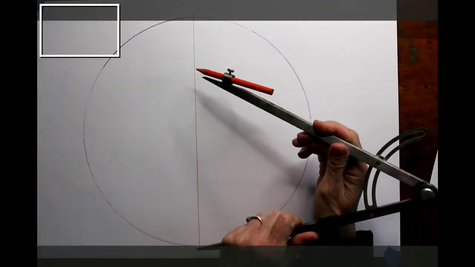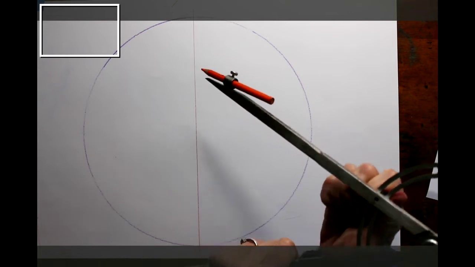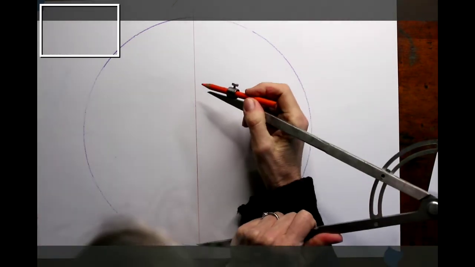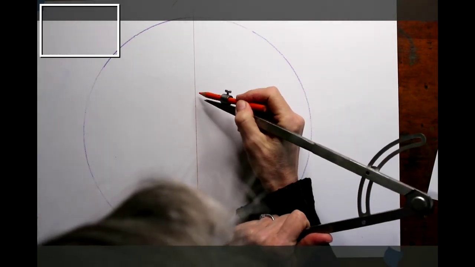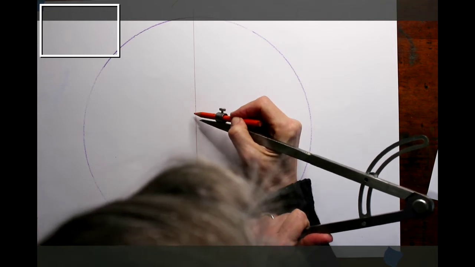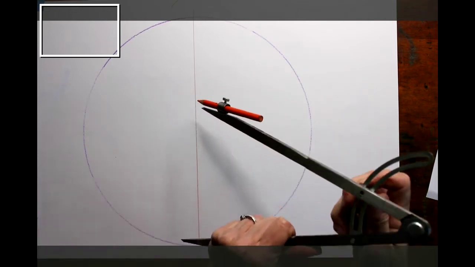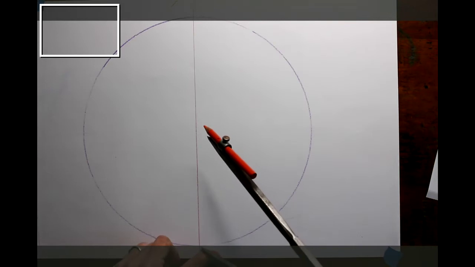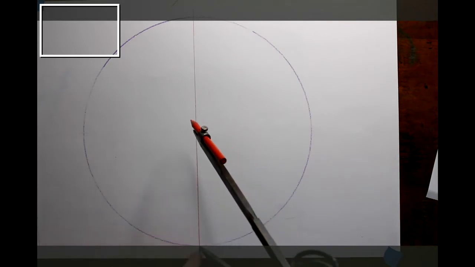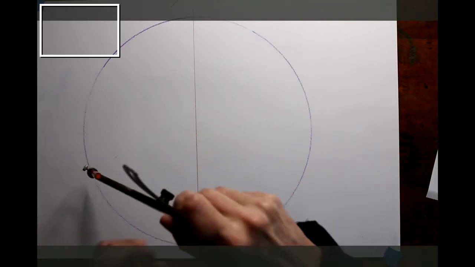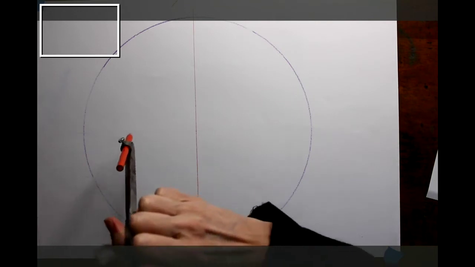So I've opened my compass to be wider than the radius. I'll set the point down on one of these points of intersection. Oops, it's got to be wider still.